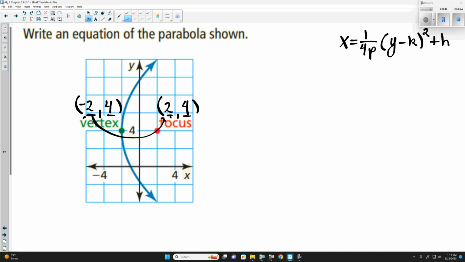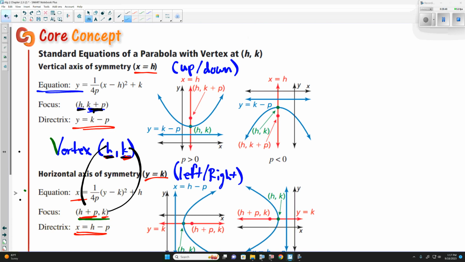It's the fact that it is not the same. But the y value is staying the same. It's 4 and 4. And in the two general forms, for x equals, the x value of the focus is changing from the vertex because we're adding a value to it. For the other one, the y value is changing. There's just so much going on.